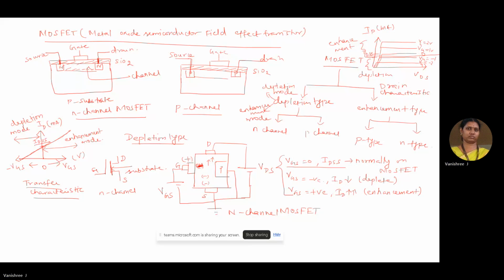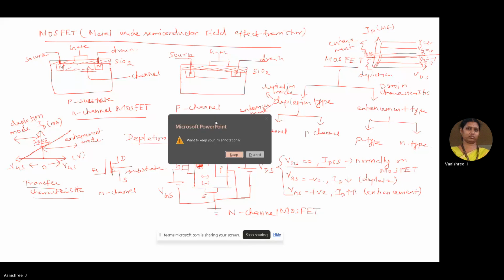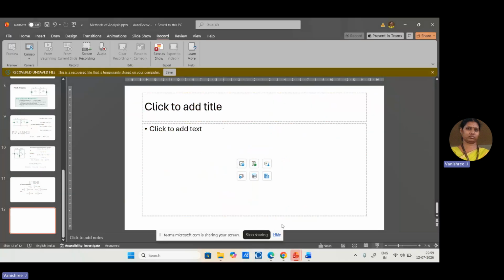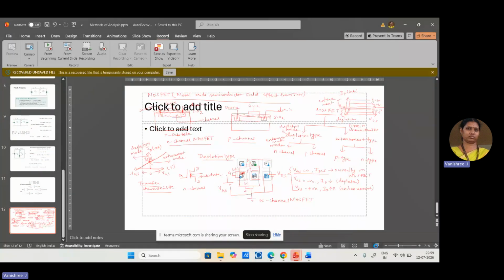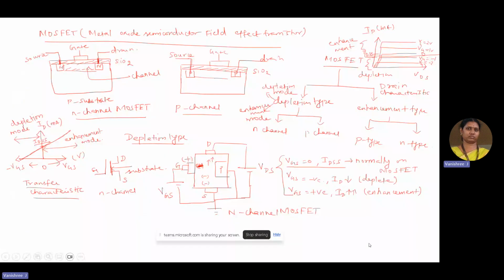Now, coming to the enhancement type MOSFET, it works only for the positive gate voltage. So before we switch over to the enhancement type MOSFET, let us take a glance at the MOSFET construction.